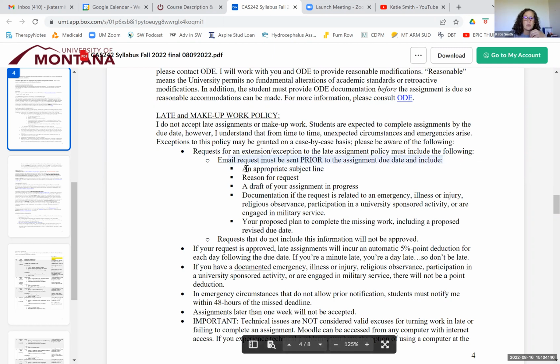It needs to include an appropriate subject line, so that is CAS 242, and then your topic, such as request for an extension on discussion question 2. Then give the reason for your request: hi, Katie, this is what's going on, I would like to request an extension. You need to send me a draft of your assignment in progress. I want to know that you've started thinking about it and working on it.